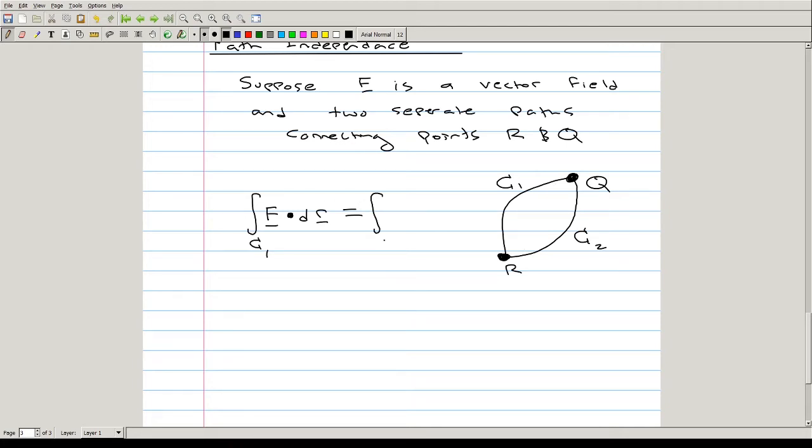The line integral of f dot dr over C1 is equal to the line integral of f dot dr over C2.